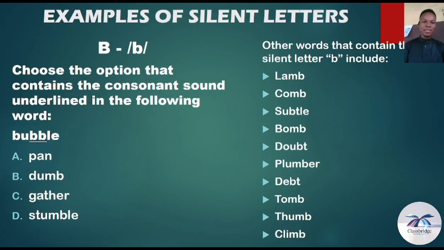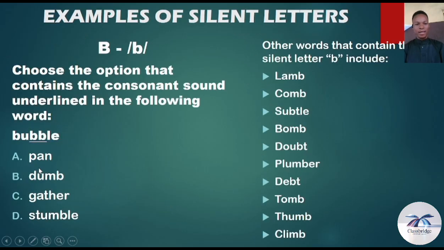Now, the instruction says choose the option that contains the consonant sound underlined in the following word. We have a word here, which is bubble. Do not forget that we are looking at silent letters in line with consonant sounds. Merely looking at the options, you will see that there are some similarities of spelling in the sense that the letter B is quite prominent in two of the options.